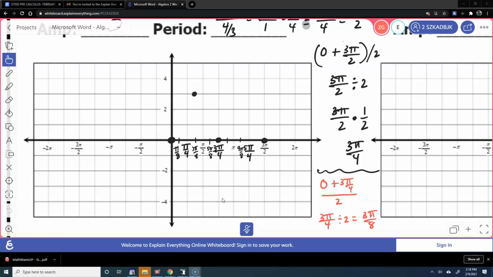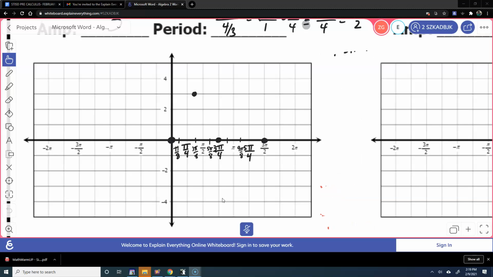So to find the value between 3 pi over 4 and 3 pi over 2, I need to add those two. I'm going to erase some of this here so I can show you the work. I'm adding fractions. I have 3 pi over 4 plus, I want a common denominator of 4, so you have 3 pi over 2 multiplied times 2.